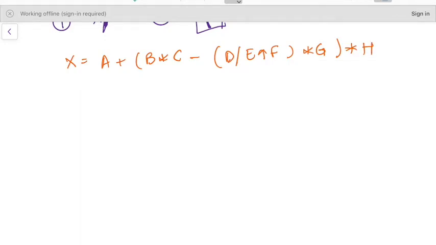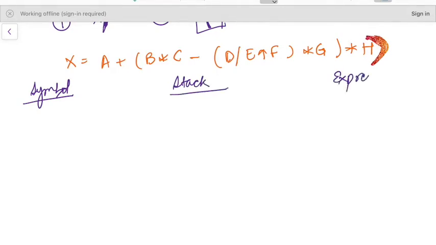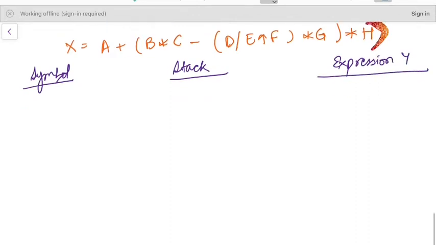So we will place a closing parenthesis here, and now we'll have our symbol, stack and expression y, the equivalent postfix expression.